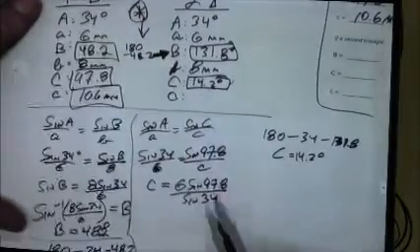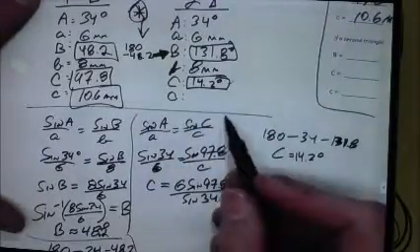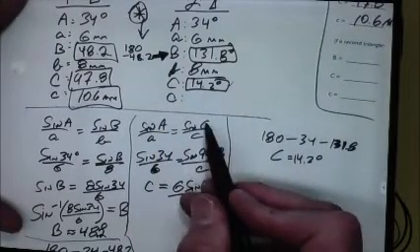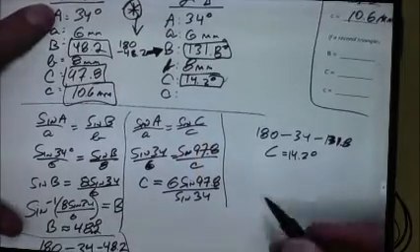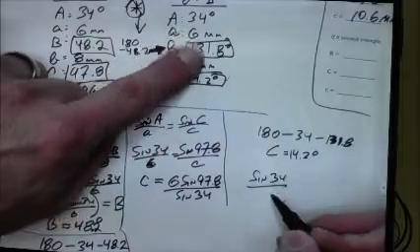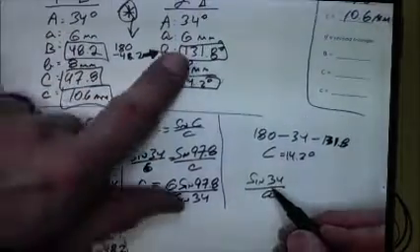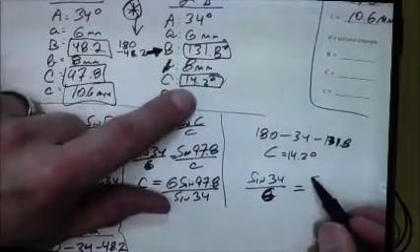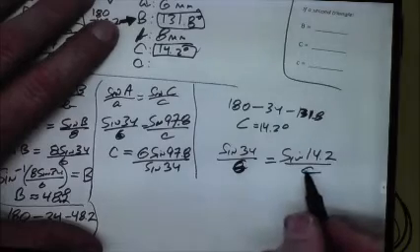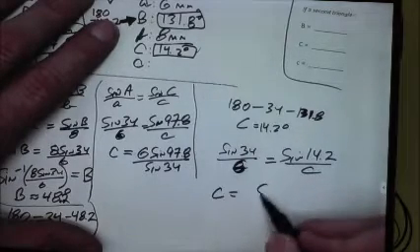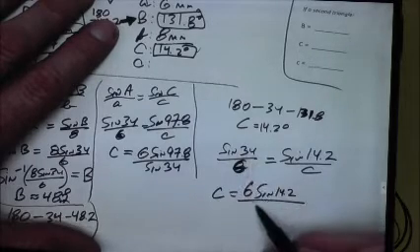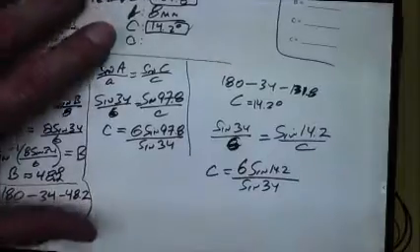And to find side C, it's just like we did on this other triangle. Once I knew angles A and C, I could solve for C, so I'm going to do the same thing here. Sine of 34 over 6 is equal to the sine of 14.2 over C. So C is equal to sine 14.2 times 6, divided by the sine of 34 degrees.